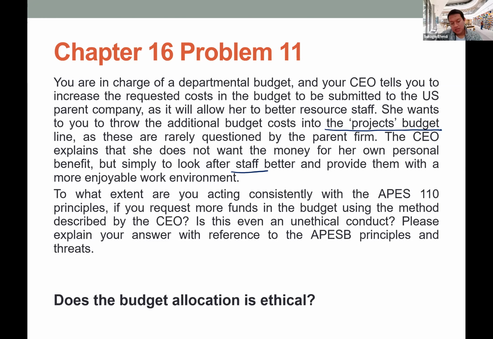I think the main issue is whether the budget proposal or budget allocation is ethical in this case. If we refer to the APES standard, we should start with the principles. What principles may be at risk in this case?